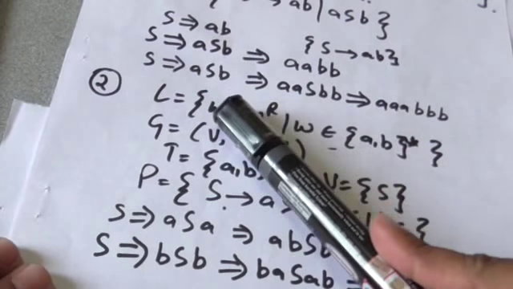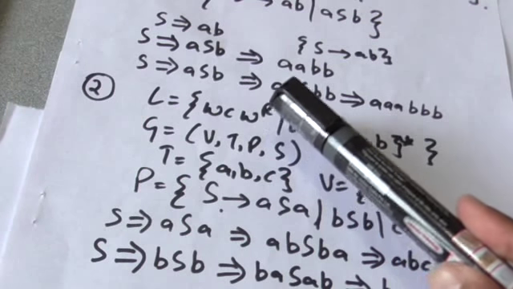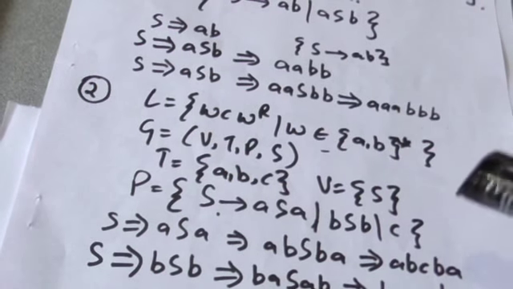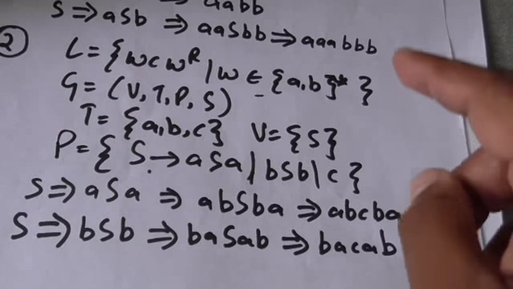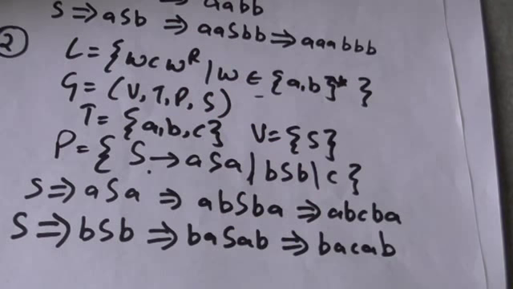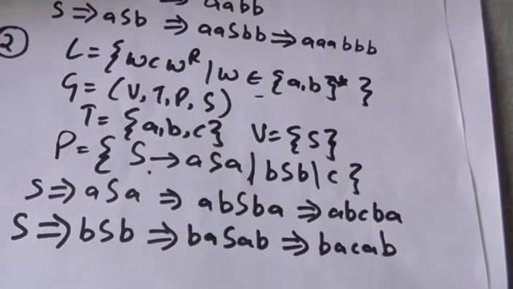Here W is a string of A and B, C is a terminal, and W^R is the reverse of W. It means C should be at the middle of the string and the substring which is at the right of C should be the reverse of the substring which is at the left of C.